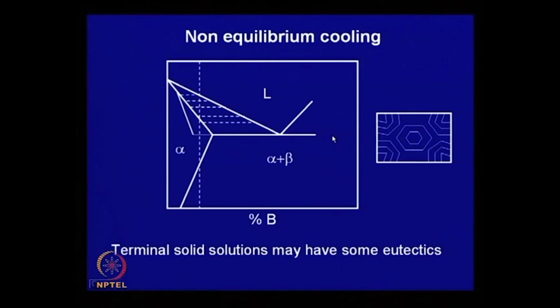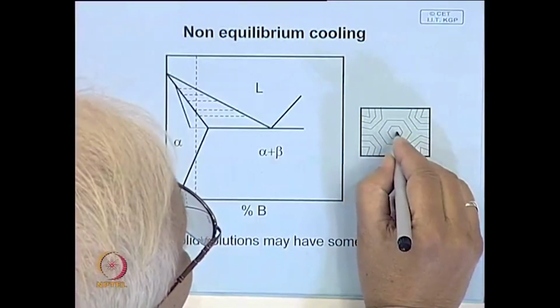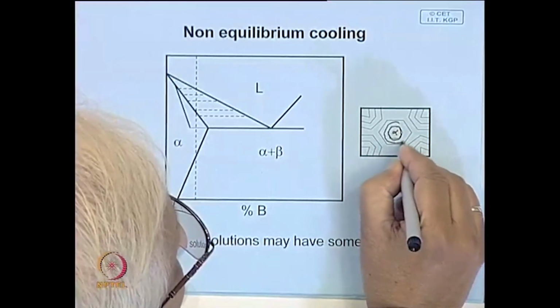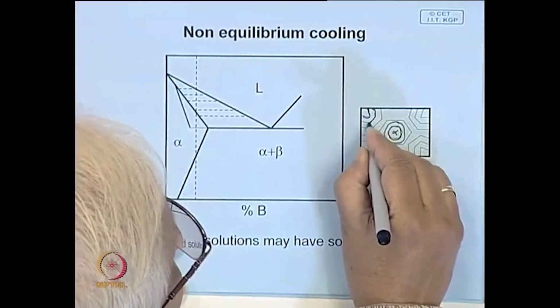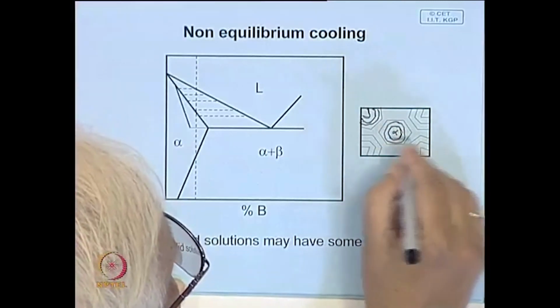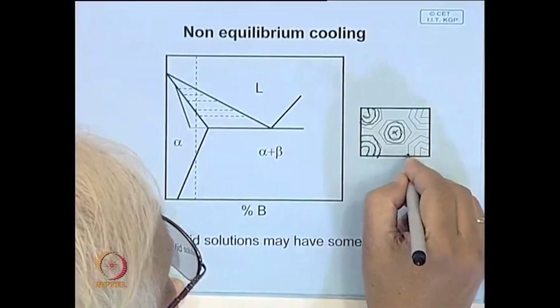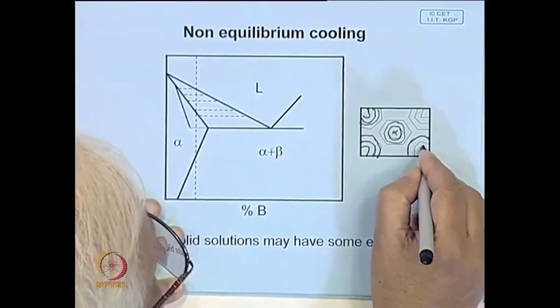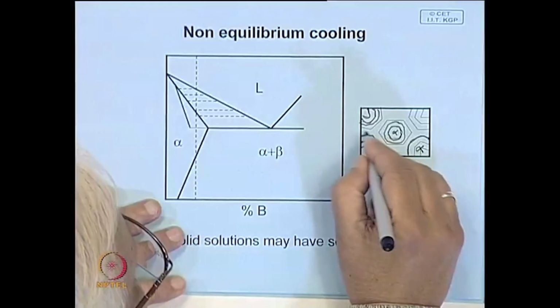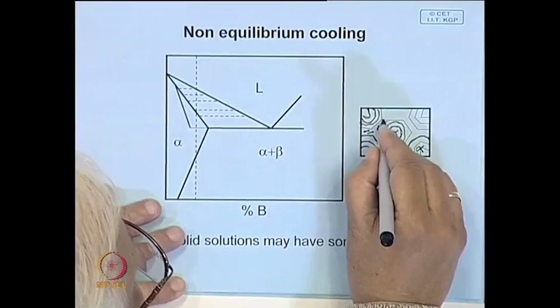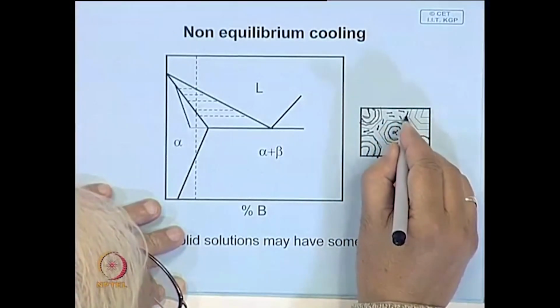So, the structure will look like you will have primary cored grains of alpha. Let us say this is alpha, and these lines represent different composition contours. This is one grain of alpha, this is another grain of alpha, and these are composition contours. Still, there is some amount of liquid which will solidify as eutectic, so there will be mixtures of alpha and beta.